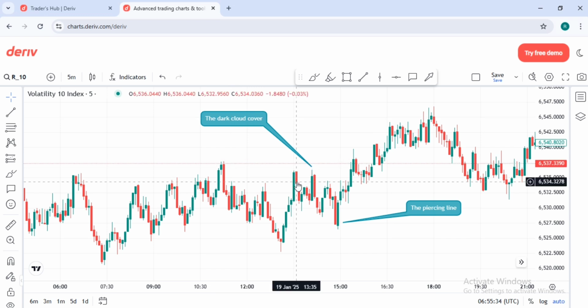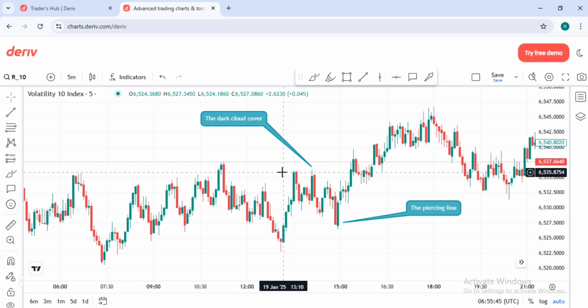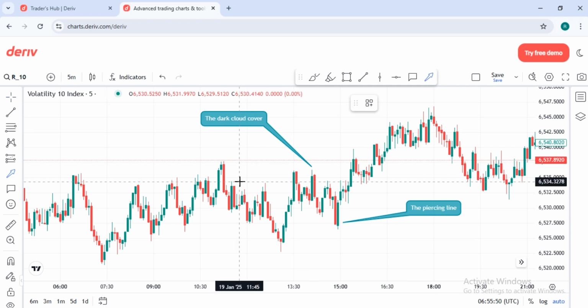it may happen anywhere, but for you to be very profitable with it, make sure that it happens at the resistance area. In other words, after an uptrend. So there has to be an uptrend.